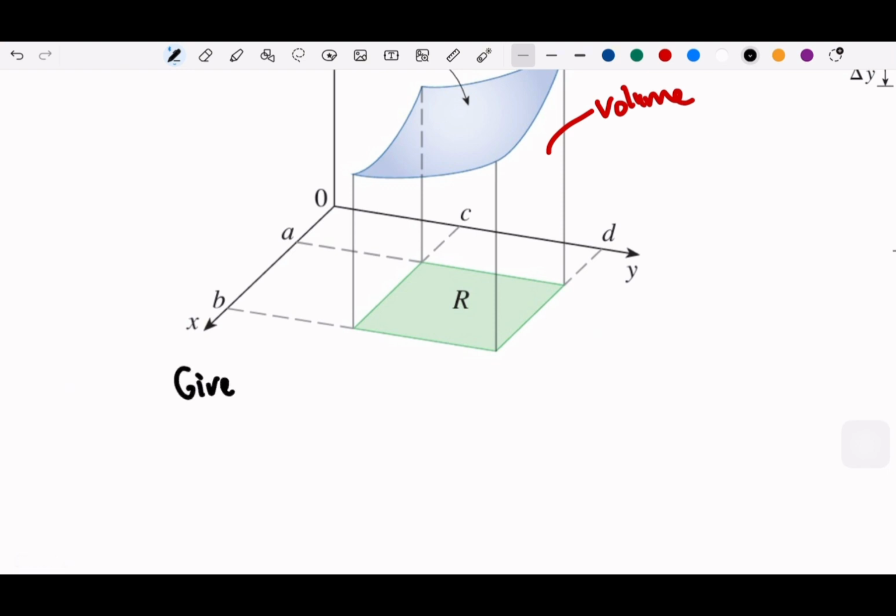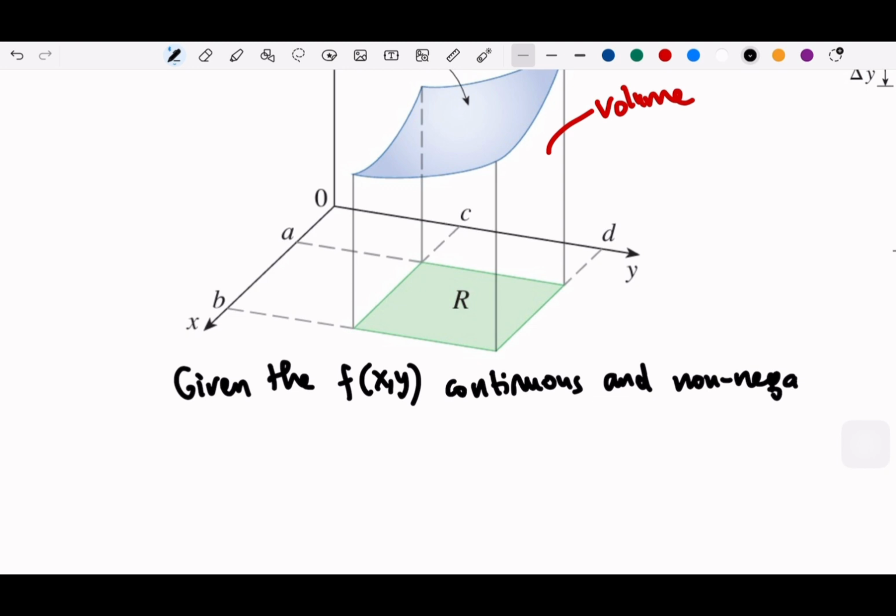Given f(x,y) continuous, and suppose that we say it's non-negative, on region R. Region R is basically the projection from the surface onto the xy plane.